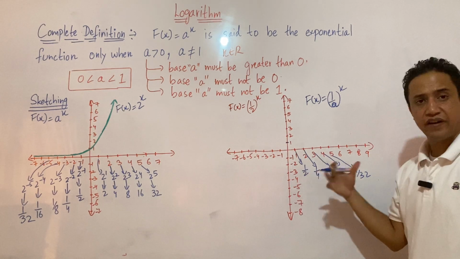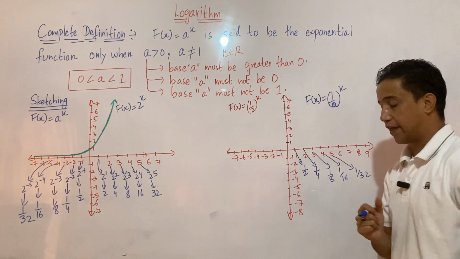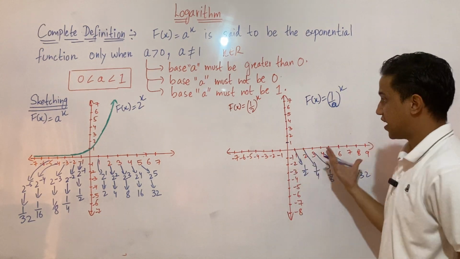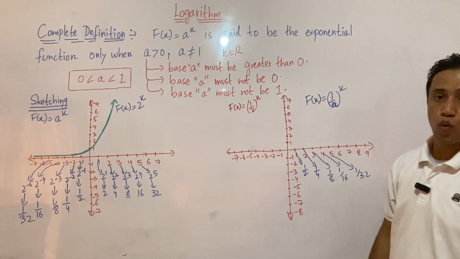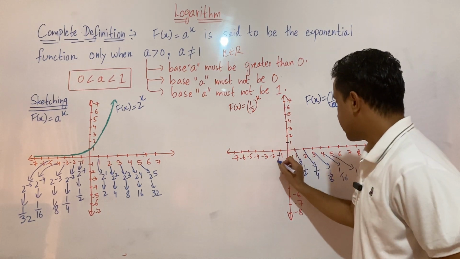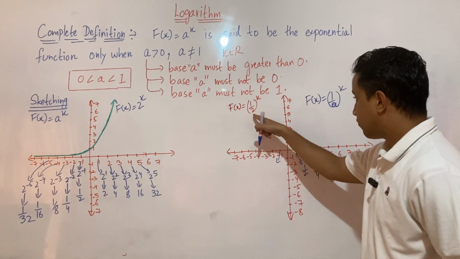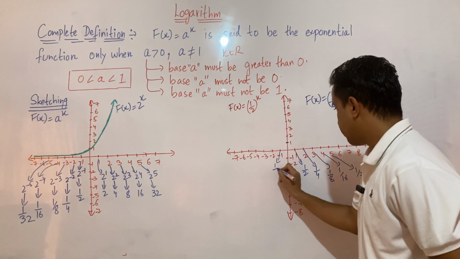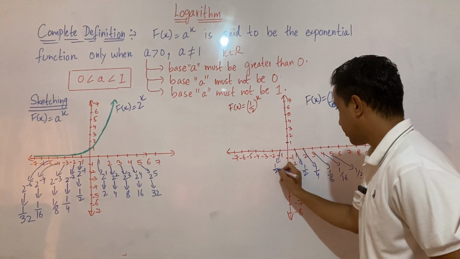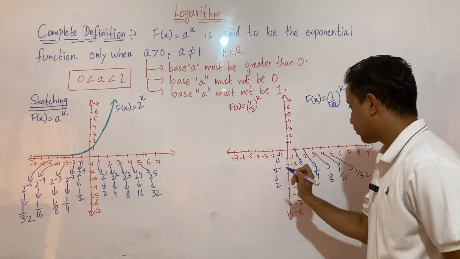Okay, what I did is I just put in the different values of x, and then I calculated the values of y. Okay, same here. If I put the value of x as minus 1, so (1/2)^-1, it's going to be 2, right?